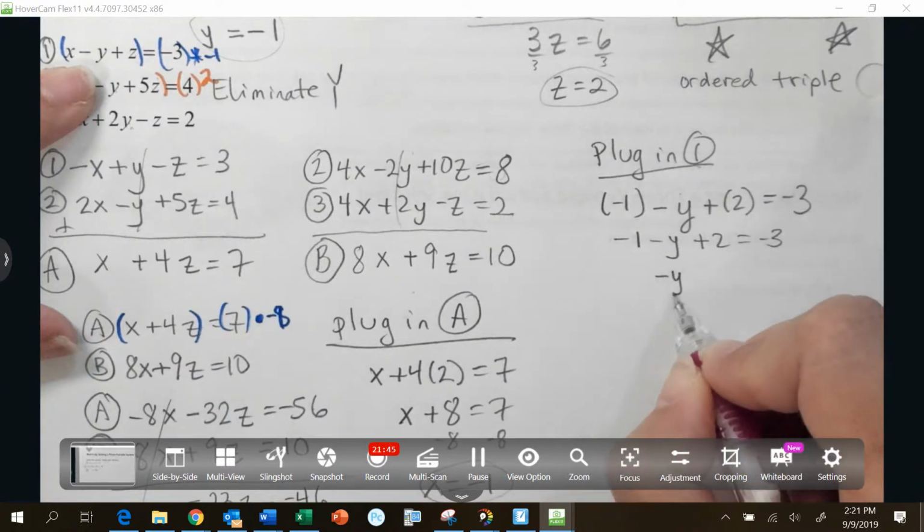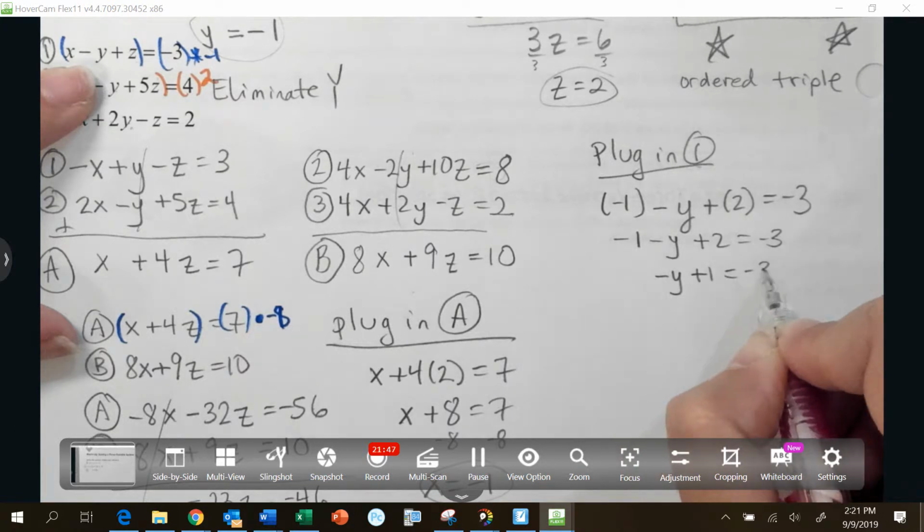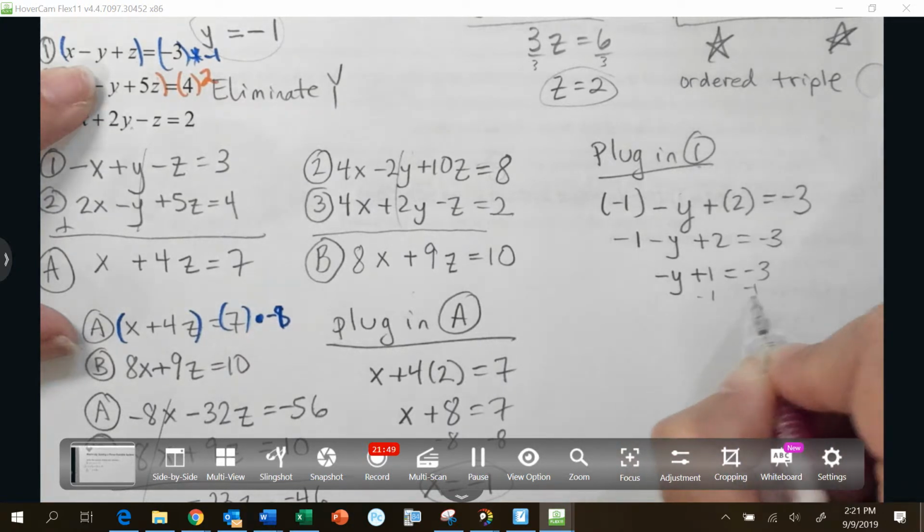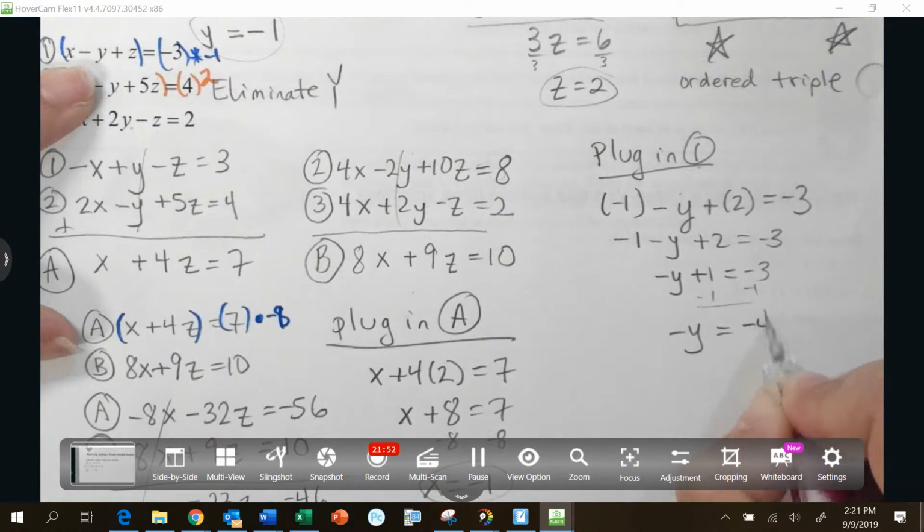So I get negative y plus 1 is negative 3. Take away 1. Y is negative 4. Divide by negative 1. I got y is 4.